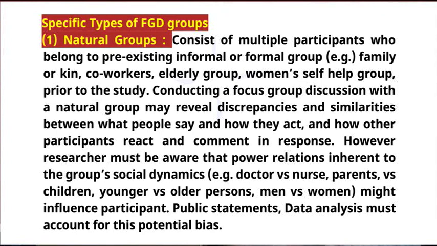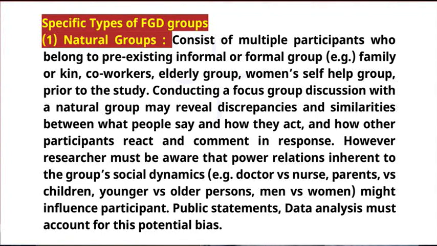What are the specific types of FGD groups? One is the natural groups. Natural groups consist of multiple participants who belong to a pre-existing informal or formal group. For example, family or kin, co-workers, elderly groups, women's self-help groups prior to the study.